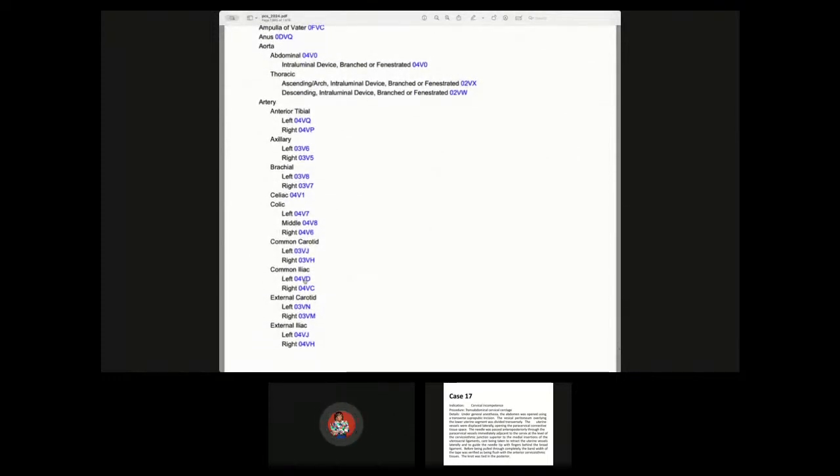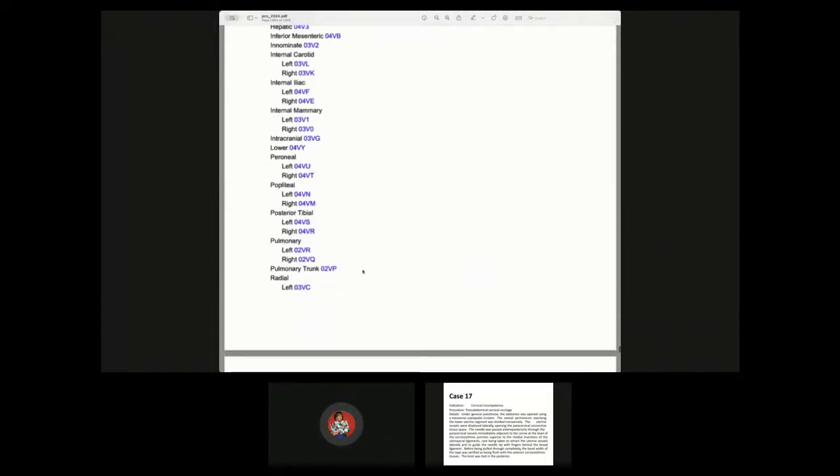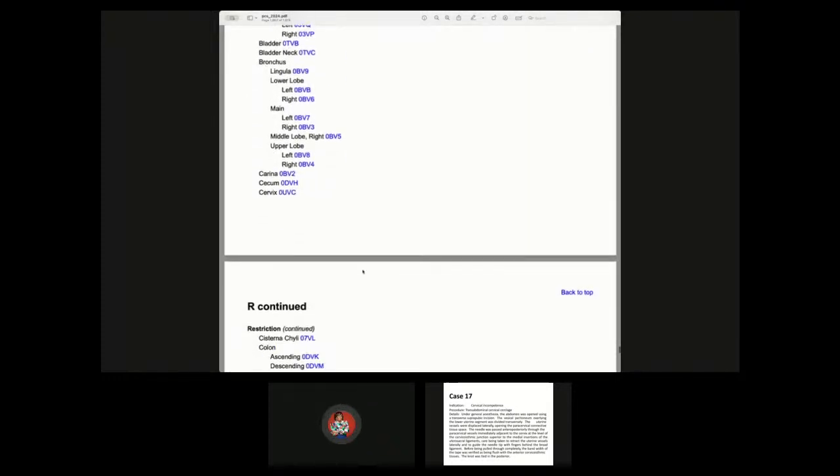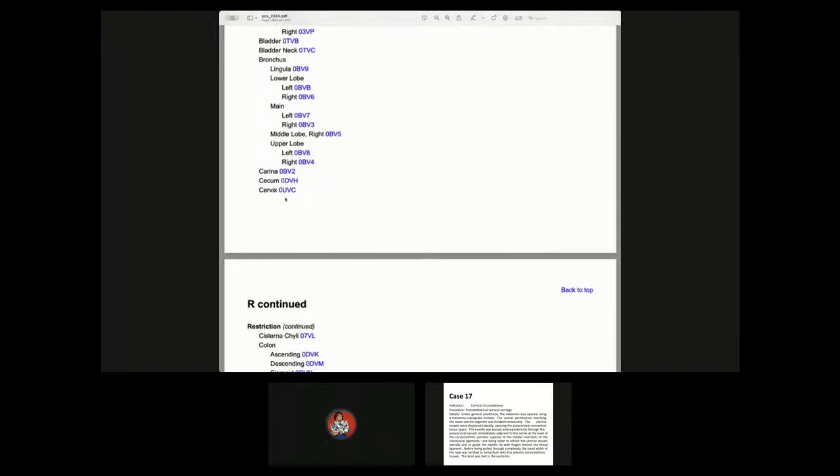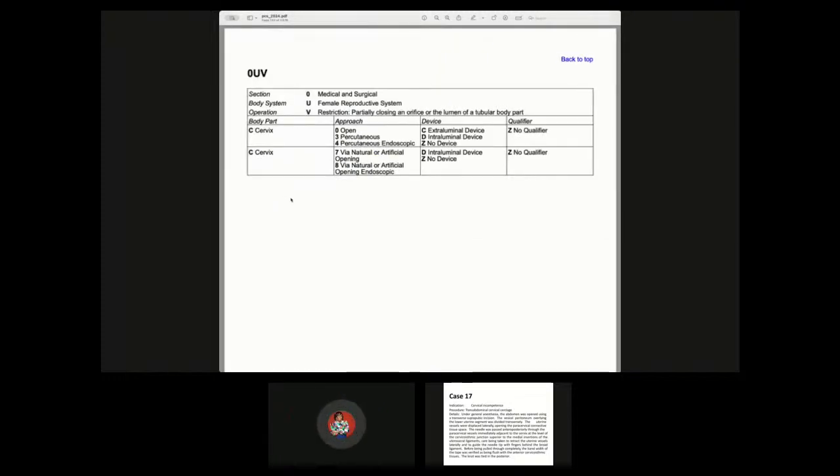All right. Restriction of what? Well, it wasn't a aorta or artery. It was actually restriction of the cervix. So mom can carry the baby to term. Table 0UV with a 4th character of C for cervix. As usual, we notice that the C is listed in 2 areas. And so what we want to do is think about what was our approach.